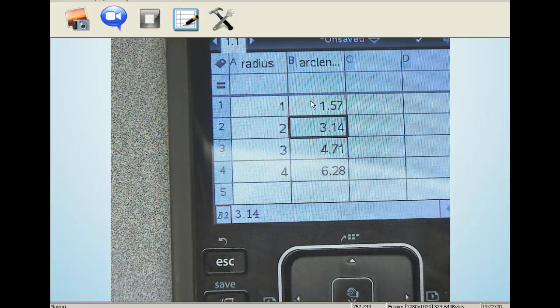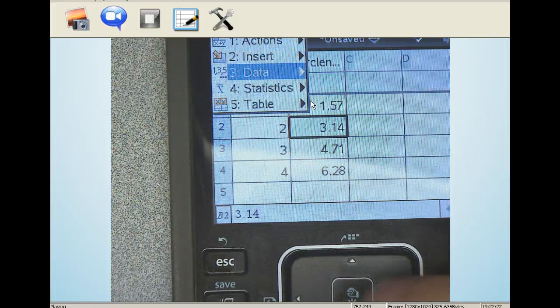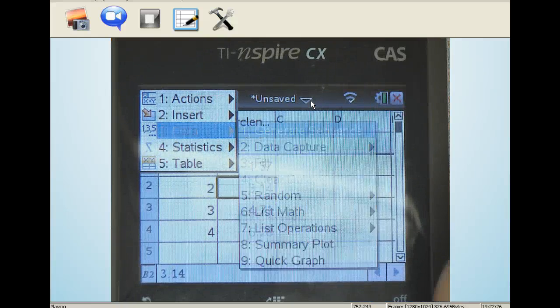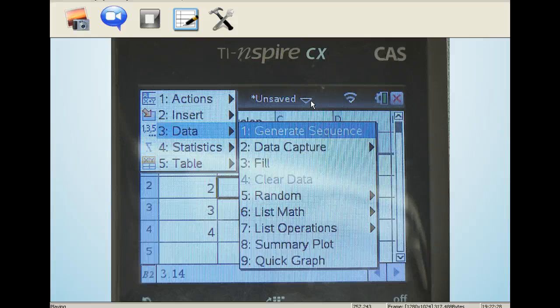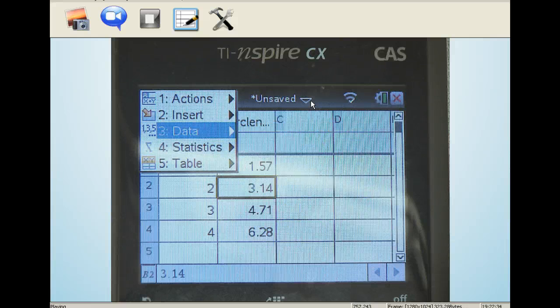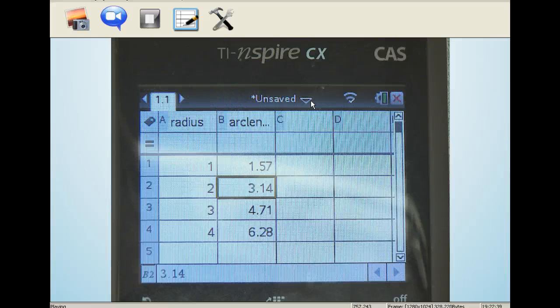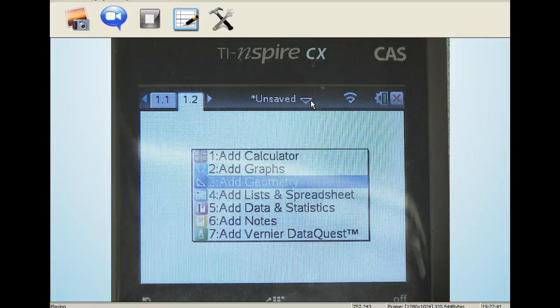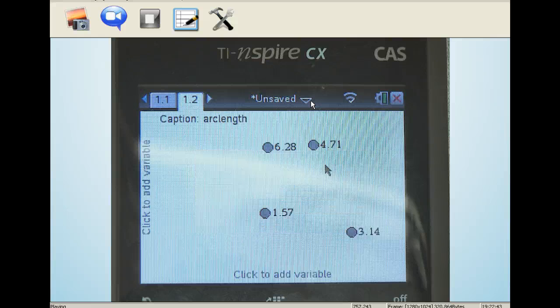Okay, so now let's take a look at this really quick. Let's insert a page, and we'll make it a data and statistics page.